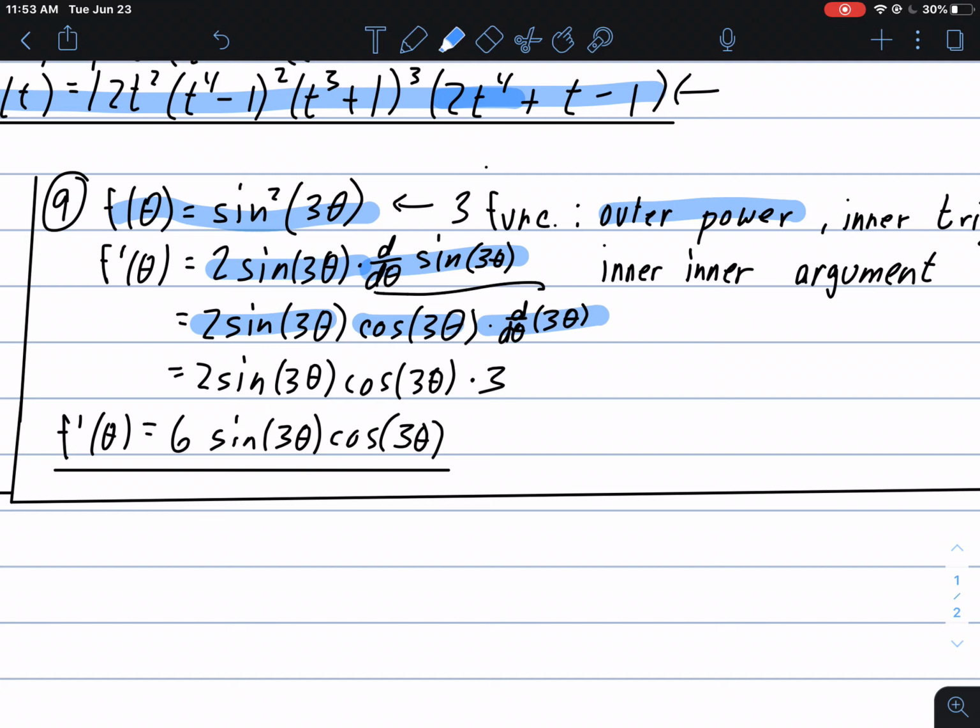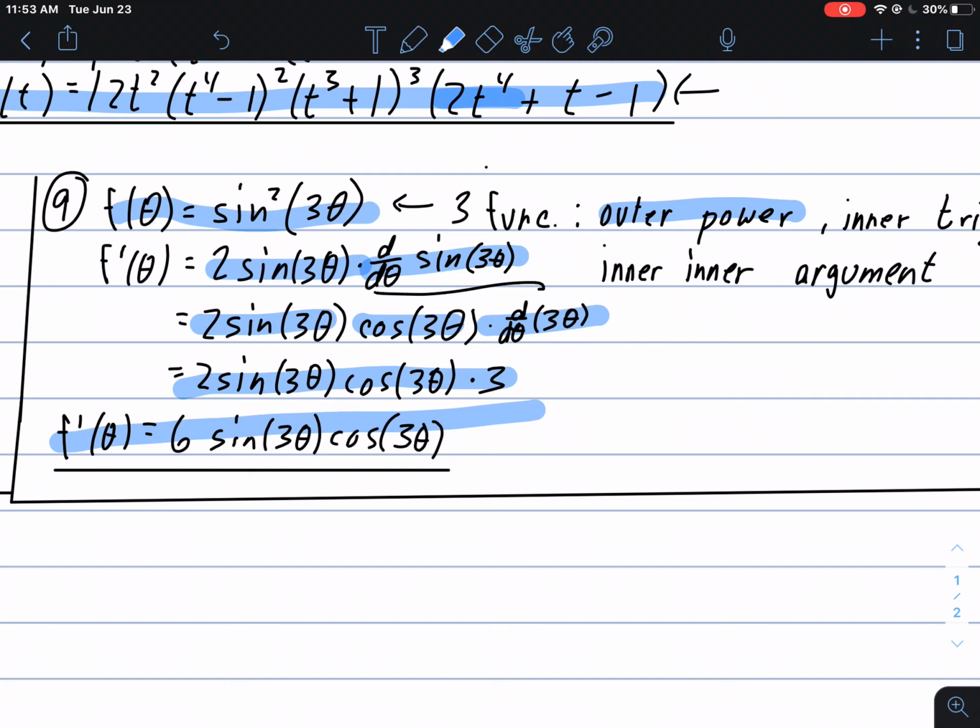And the derivative of 3 theta with respect to theta is just 3. Right? The derivative of 3x with respect to x. The derivative of theta with respect to theta. So I end up then with 2 sine 3 theta times cosine of 3 theta times 3. And again, I just rearranged that. I've multiplied the 3 times 2. I've got f prime of theta equals 6 times sine of 3 theta cosine of 3 theta.